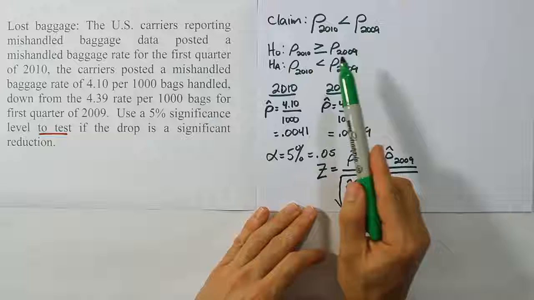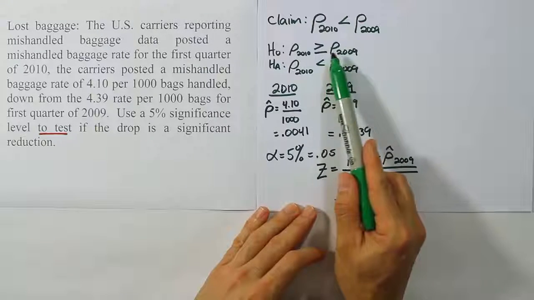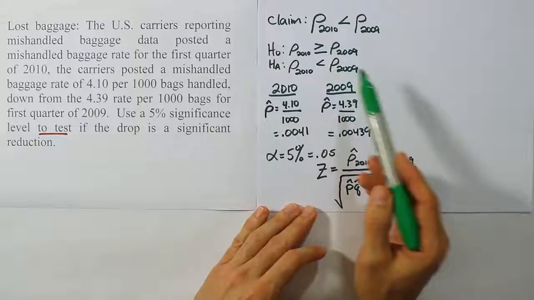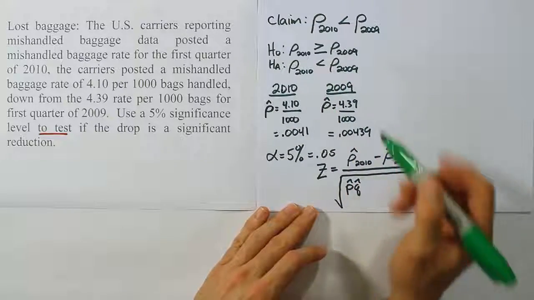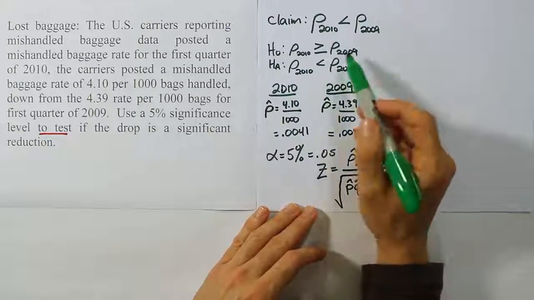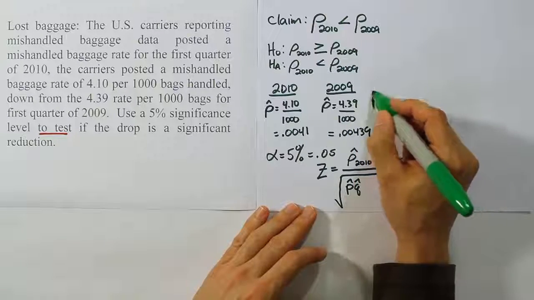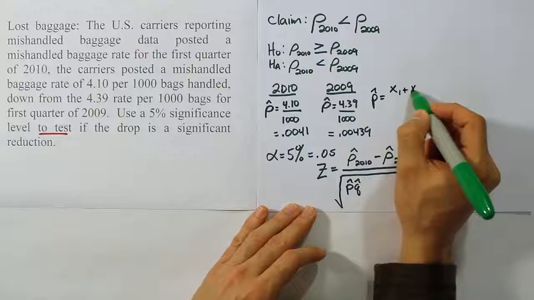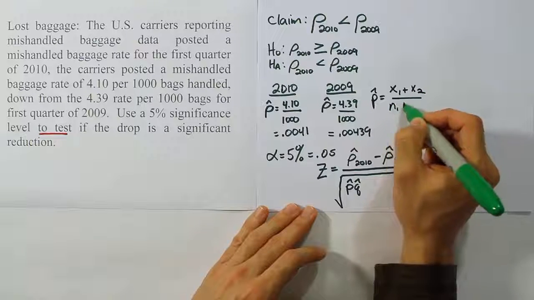So in H0, we have this equality part, and based on that, we're going to assume there might be a pooled proportion that we could create, or at least an estimator of the population proportion, by using this pooled estimator p-hat, right? So we'll have x1 plus x2 over n1 plus n2.